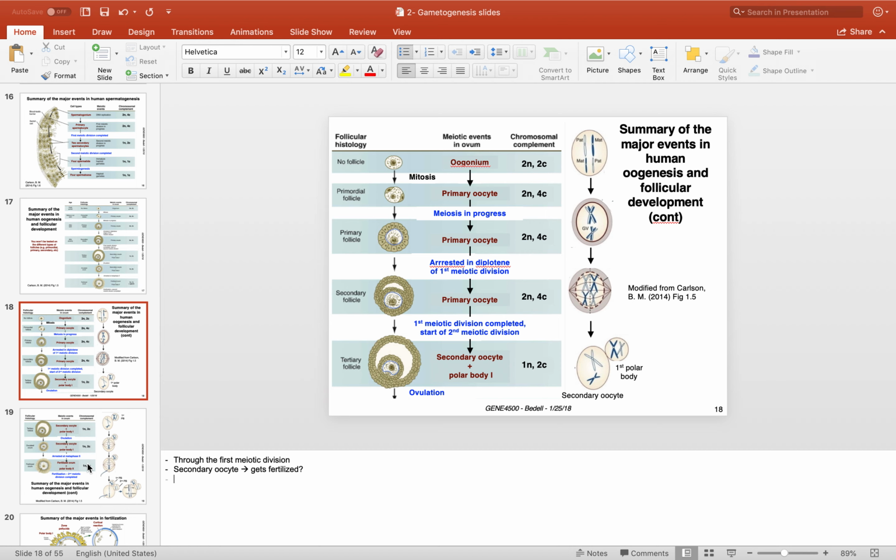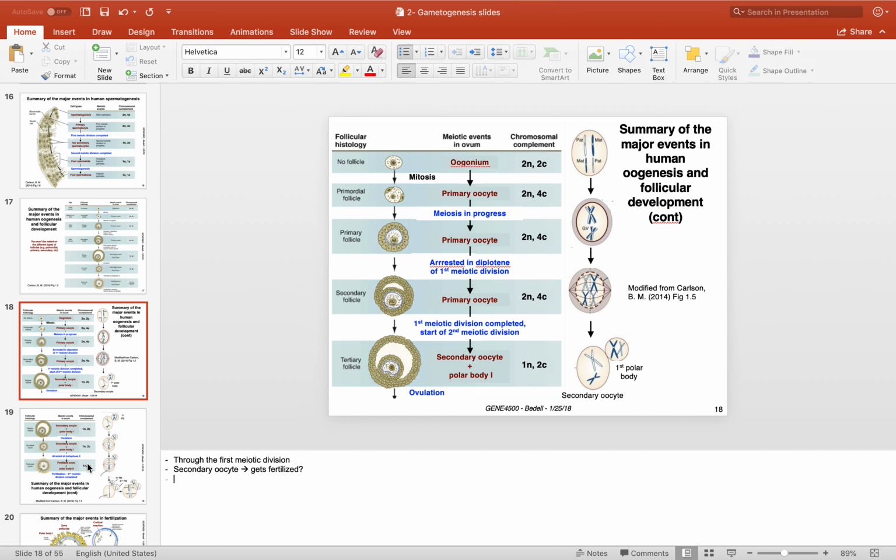That's controlled, it's not just random, and it has to position itself so that the spindle is oriented so that the chromosomes segregated into the polar body are going in the right direction. Again, that's controlled. So that's one example of more things going on at the level of the cells than you might imagine.